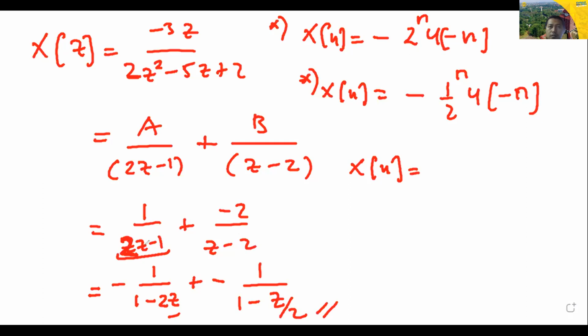This minus this minus this becomes 2. Okay, one-half to the power n minus 1. So it becomes minus 2 to the power n minus one-half to the power n, this minus. Okay, that's all. If you have any questions, please.